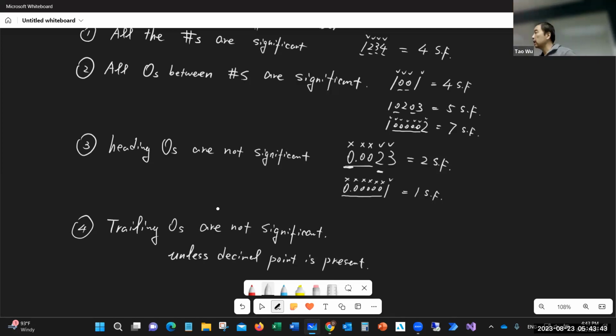Trailing zeros are not significant, unless a decimal point is present. Trailing zeros are not significant unless a decimal point is present.